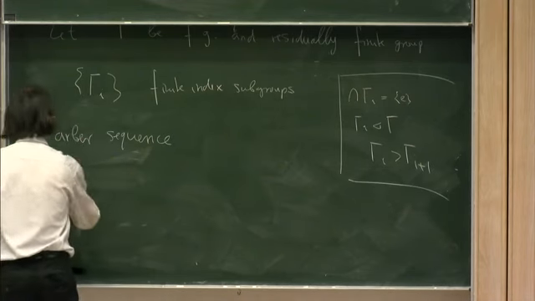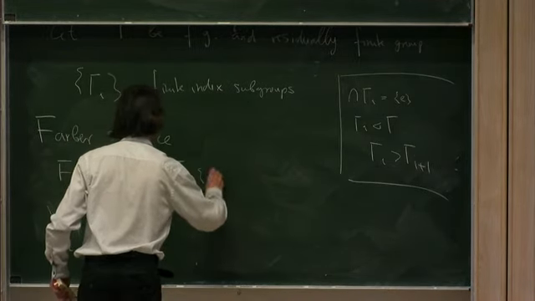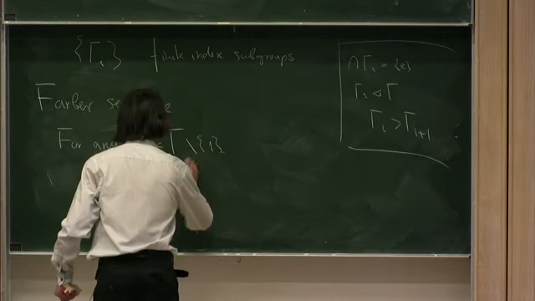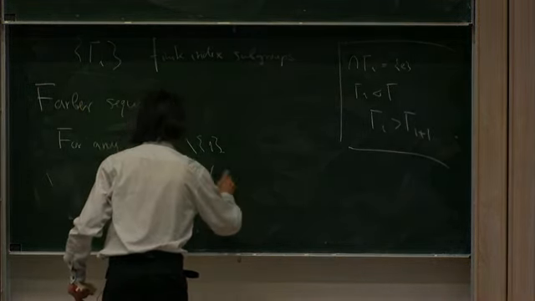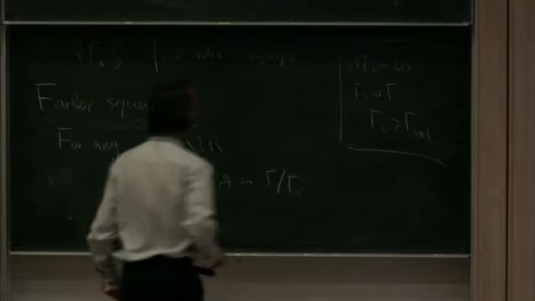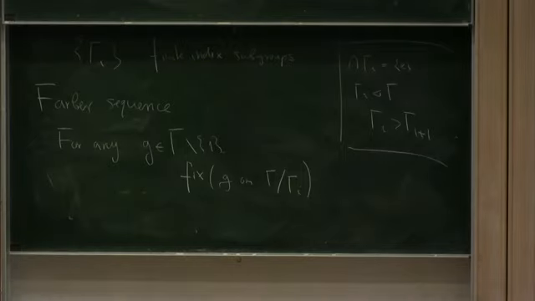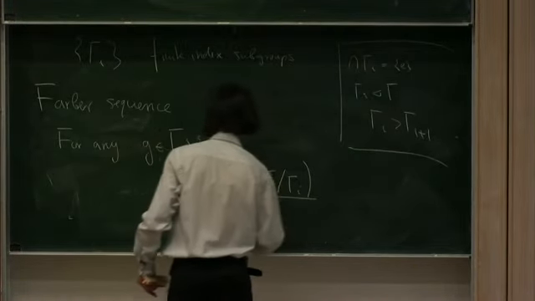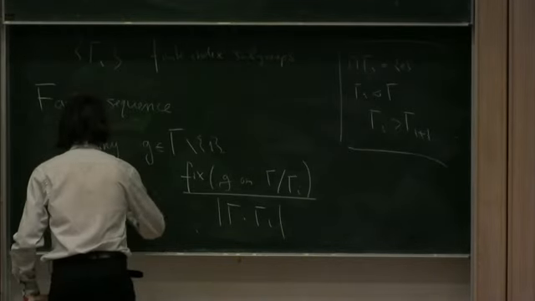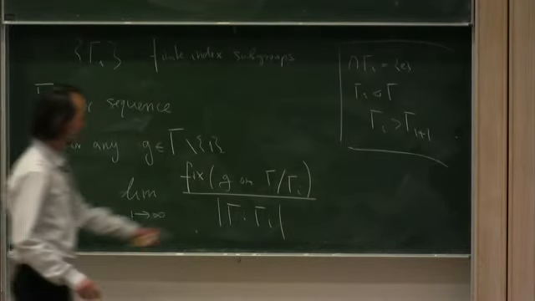If I take any non-identity element g in gamma, the number of fixed points of g acting on the coset space gamma mod gamma_i, and I divide by the index, then this sequence of numbers, as it goes over the sequence of groups gamma_i, tends to 0.